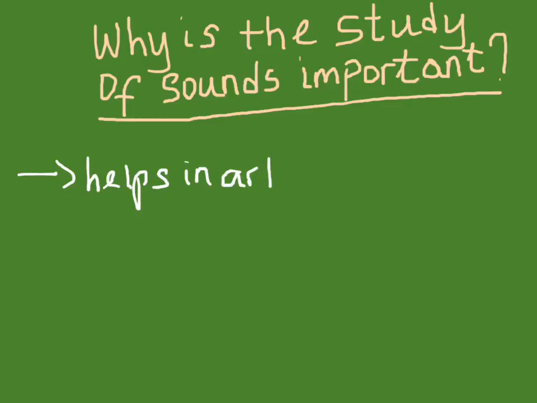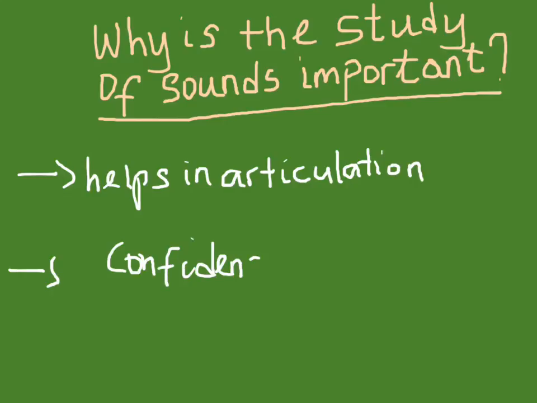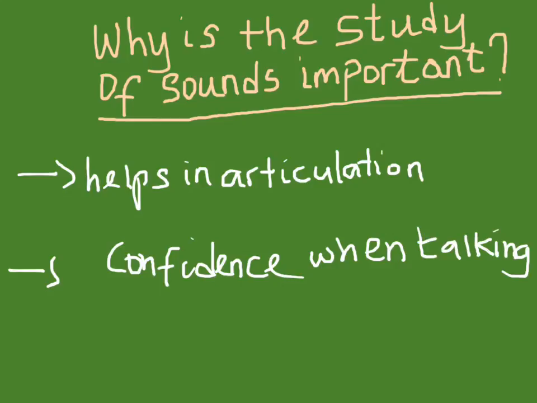Well, we'll start by looking at the very obvious reasons. Sound helps in articulation. What do I mean by this? It helps you to know how to shape your mouth when pronouncing a word. To articulate means to pronounce correctly.